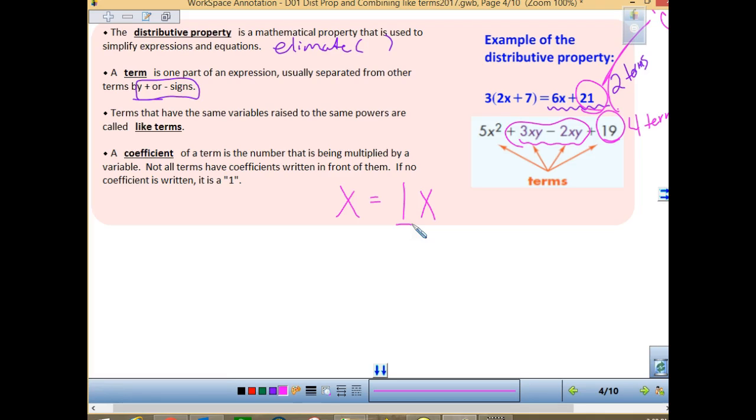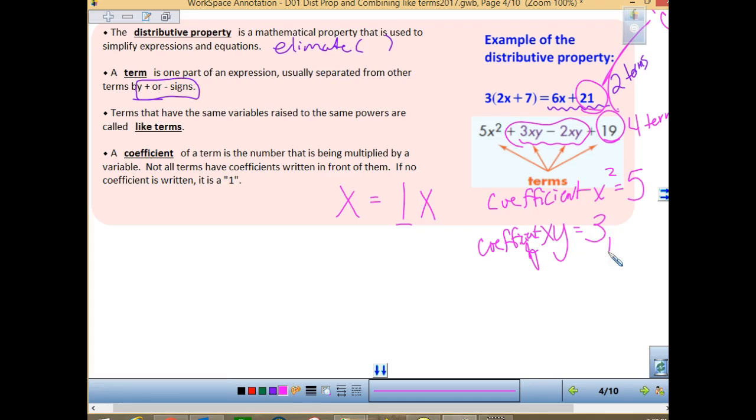If I asked you in this problem, what is the coefficient, please write this down, coefficient of x squared. What's the coefficient of x squared? 5, right? So it just means the number that's times it, right? xy has 2 coefficients. So if I asked you for the coefficient of xy, the first one is 3.